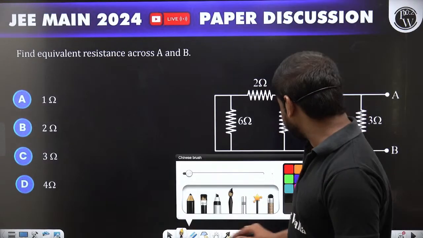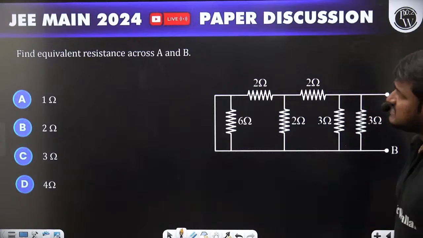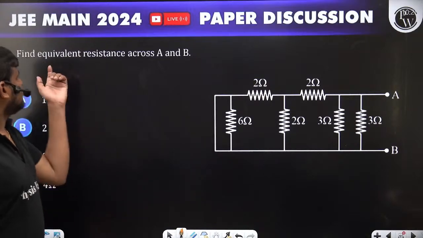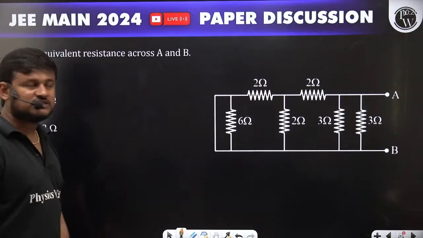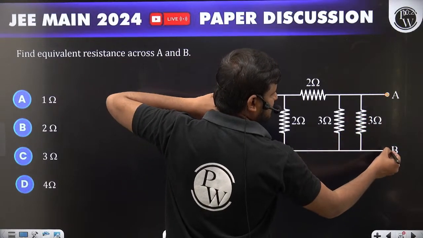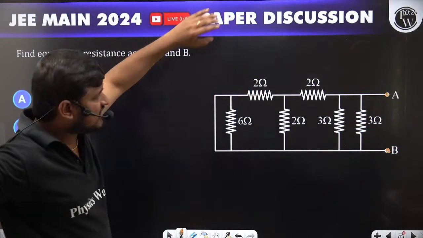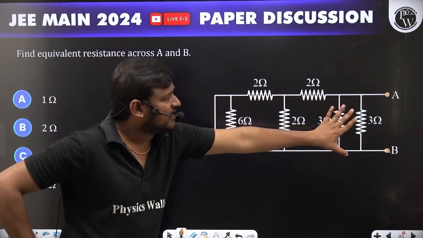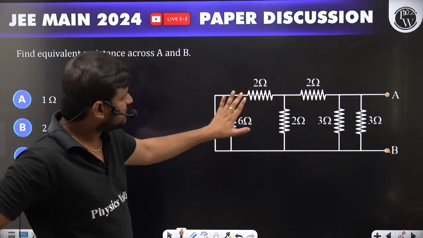Chalo. So this question is from current electricity. Again an easy question, just understand the basics of current electricity here. Find the equivalent resistance across A and B points. First, if you see the circuit here, this part is fine. Just come to this part.